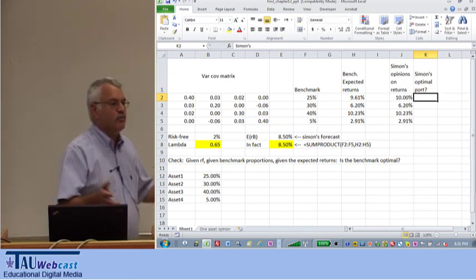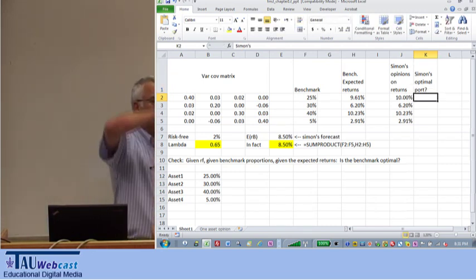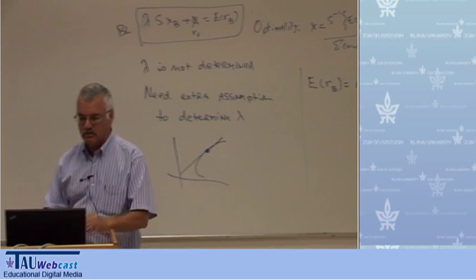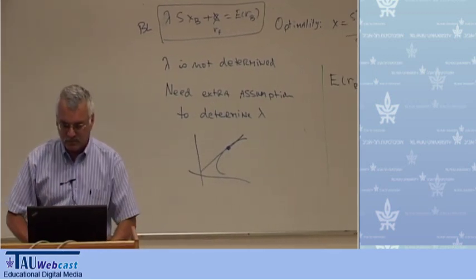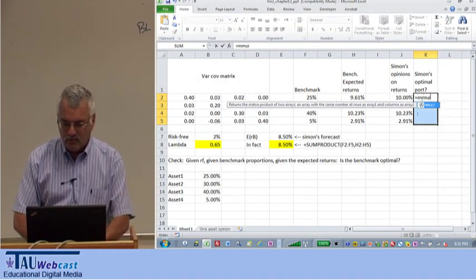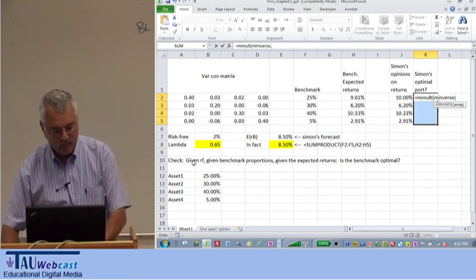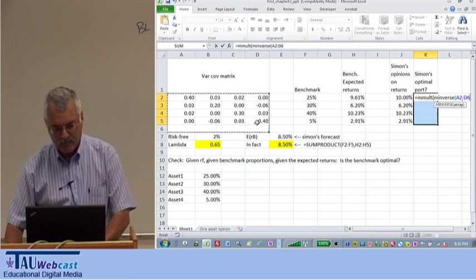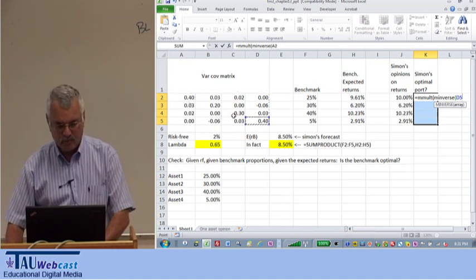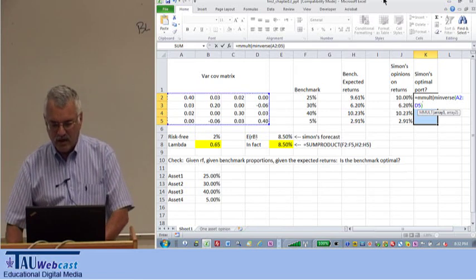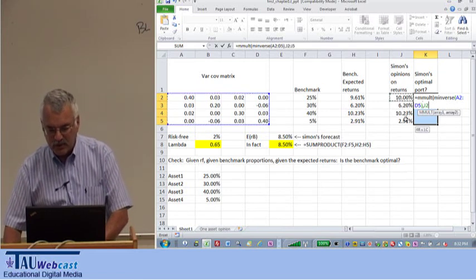Okay, well, we know how to do optimal portfolios. I mean, how many times do I have to say this? You take S inverse times the expected return, blah, blah, blah. So here, I'll show you. It's M inverse times my expected returns.